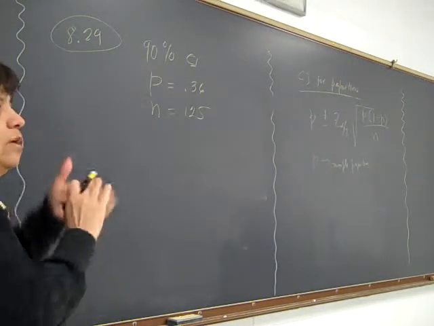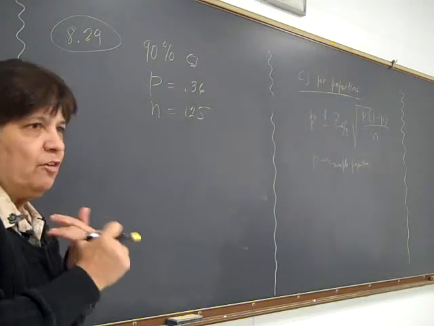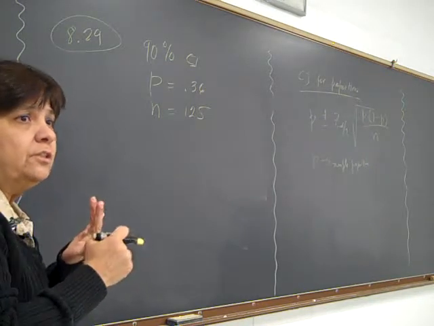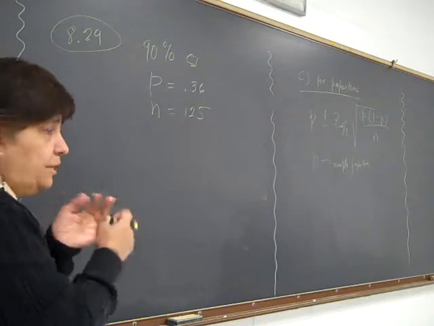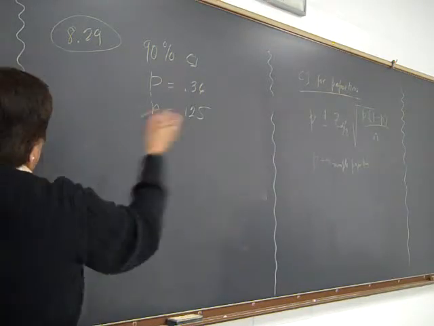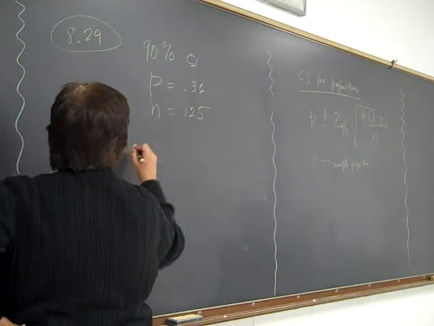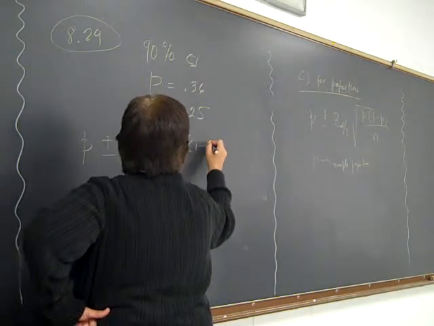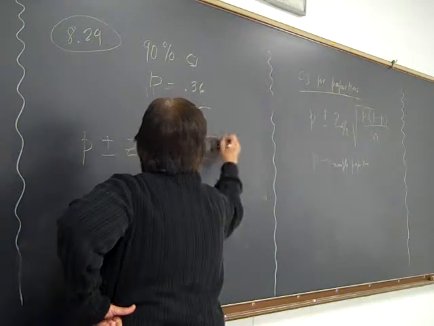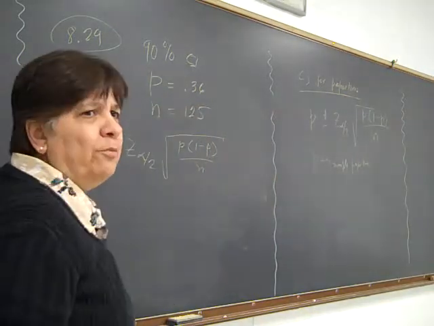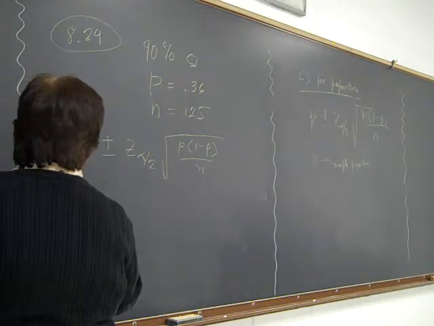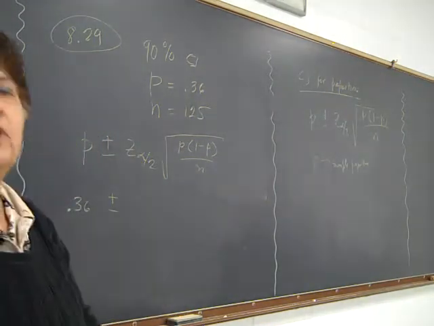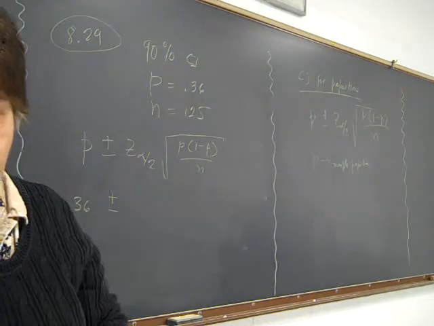With this data, we want to know, with a 90% confidence level, what is the real population proportion. So we're going to use P plus or minus Z of alpha divided by 2 times the square root of P times 1 minus P divided by n. That's it. Just plug the numbers in the formula. So it's 0.36 plus or minus, what is Z of alpha divided by 2? Go to the 8.2 table.